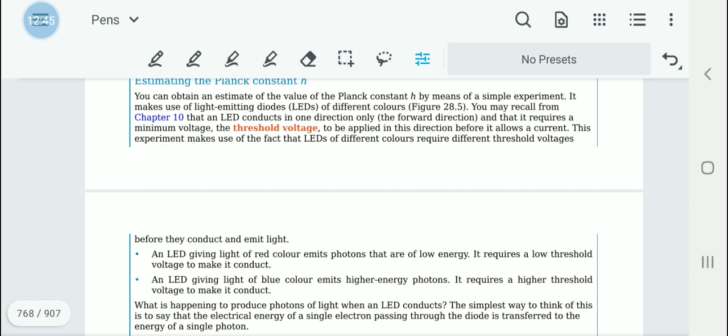Differently colored LEDs would have different threshold values. Example, red has a very low threshold voltage, whereas light blue would have a high threshold voltage.